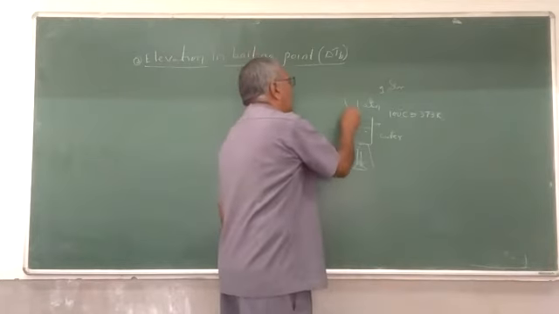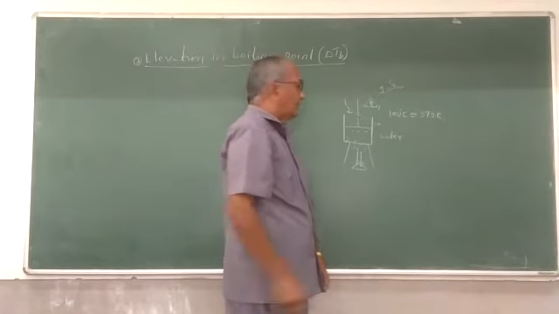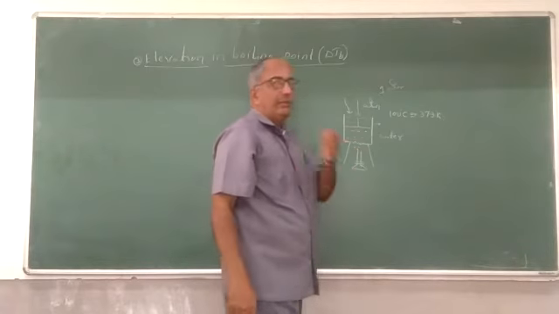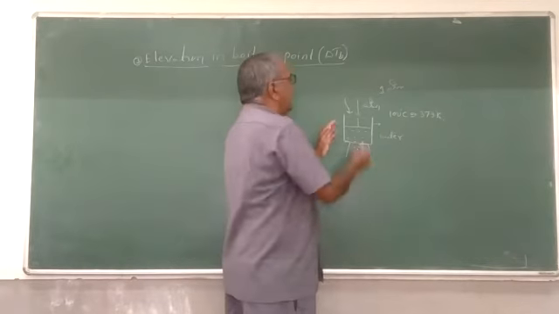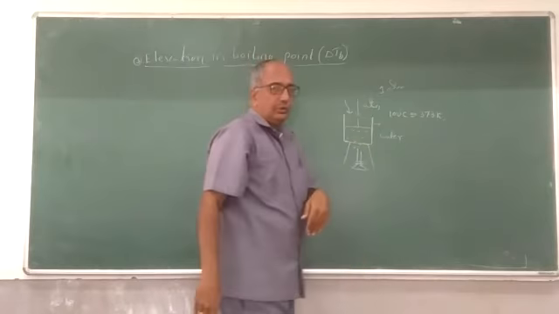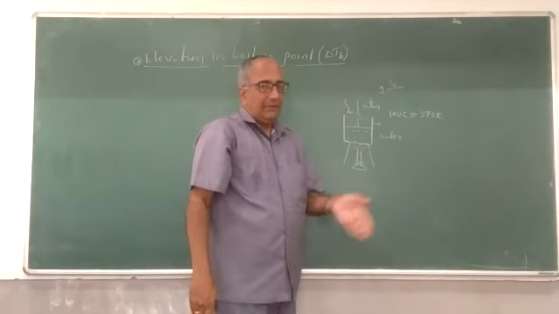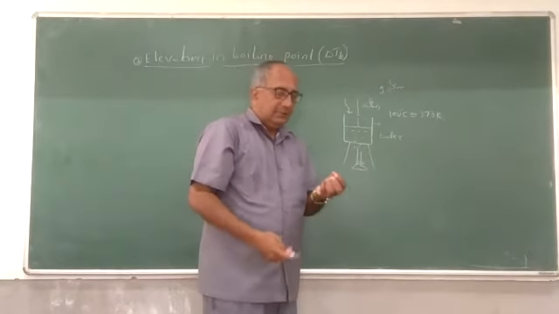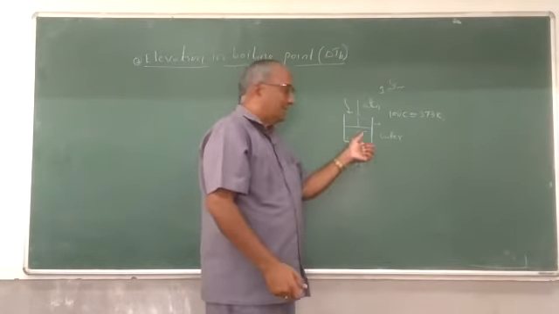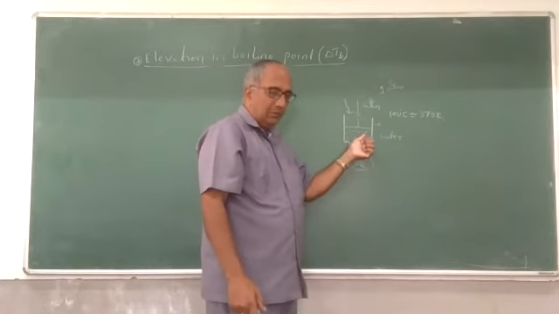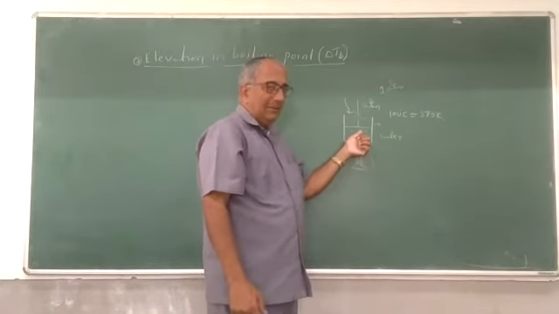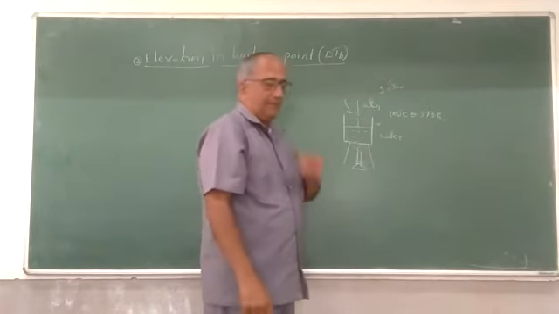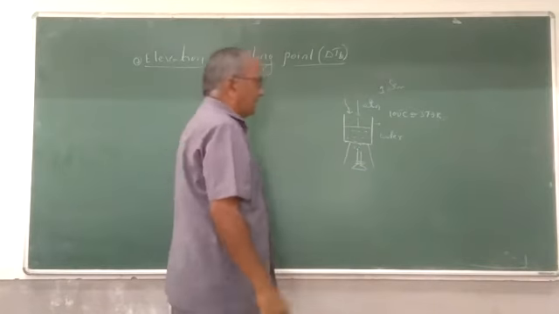If you add a non-volatile solute into the solvent, it requires a higher temperature to boil. That is, the vapor pressure of the solution decreases. As the vapor pressure decreases, the temperature needed is more than the boiling point of the pure solvent.